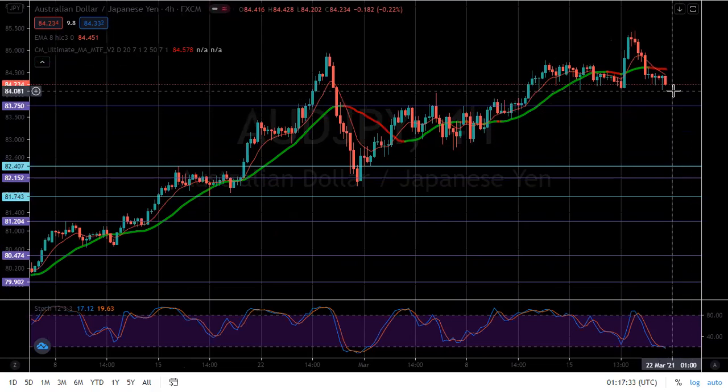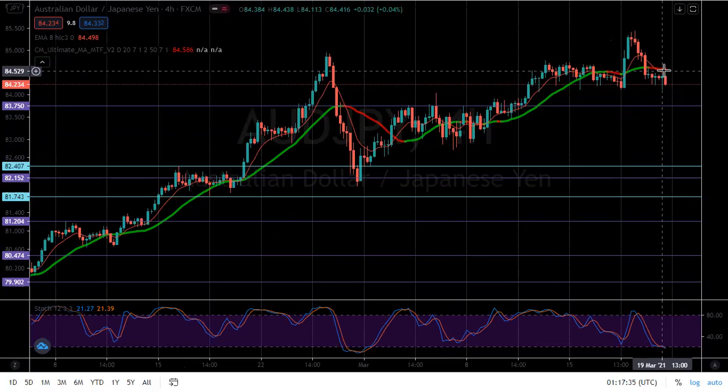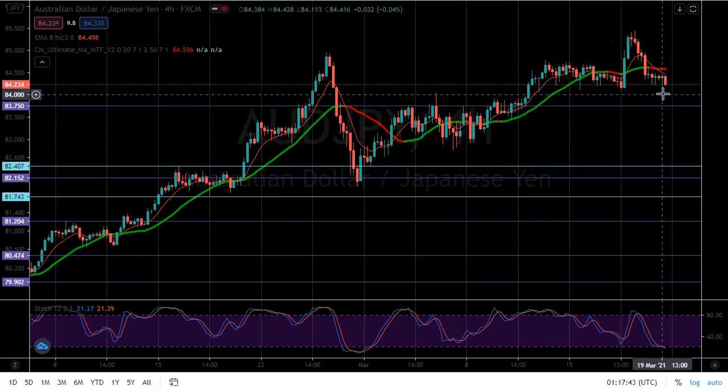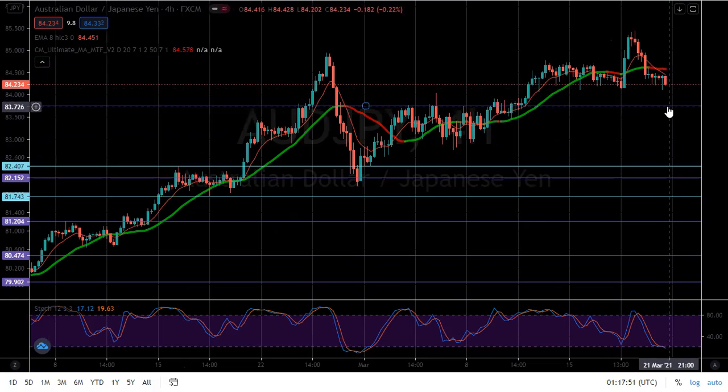Yeah, on 4 hour we are below our indicator here, and we need to break and close below the 84.10 area for us to come to the downside.